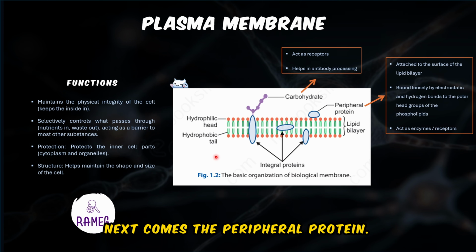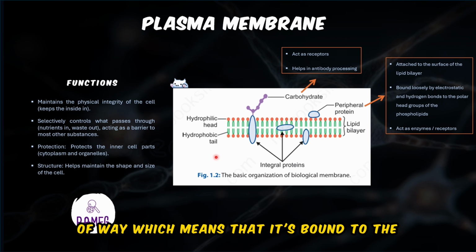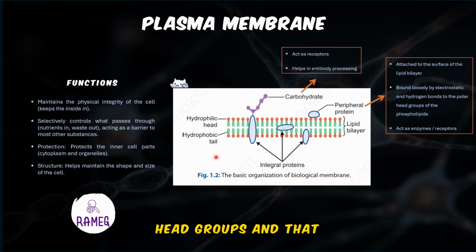Next comes the peripheral protein. This is attached to the surface of the lipid layer, and it's bound in a loose kind of way, which means that it's bound to the head groups. What I mean to say is it's on the surface of the lipid bilayer. This usually can act as enzymes or receptors.